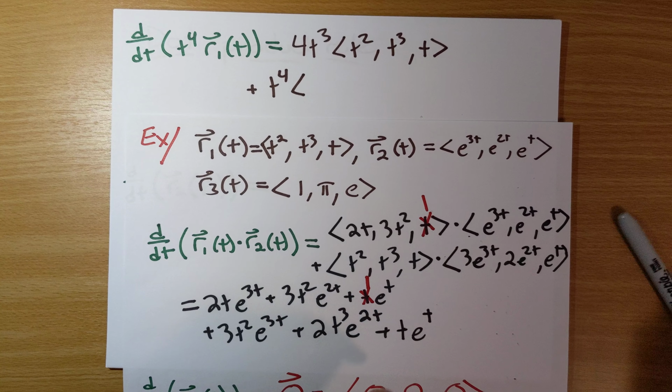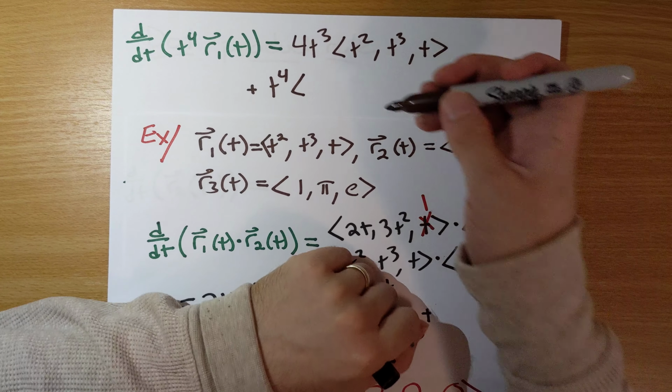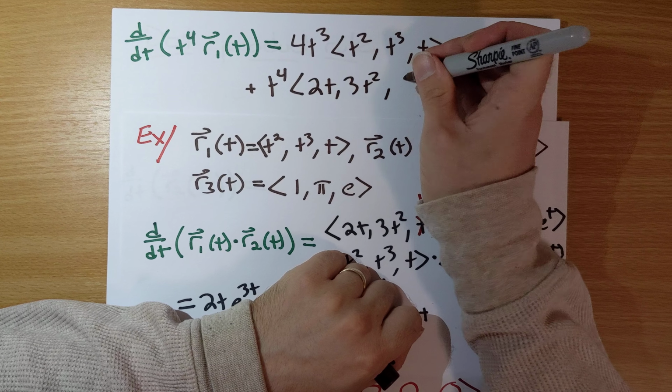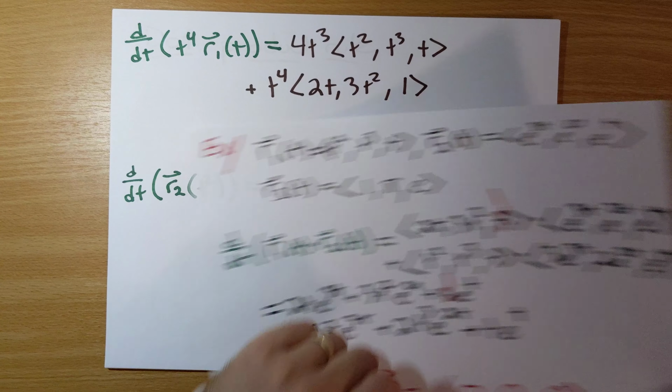I wrote it down here after getting it fixed up. So that will be 2t, 3t squared, and 1.